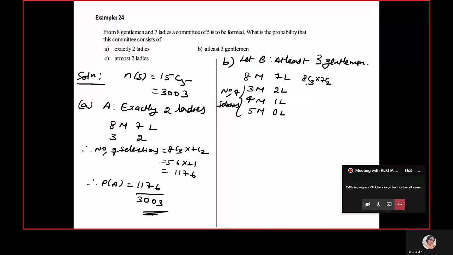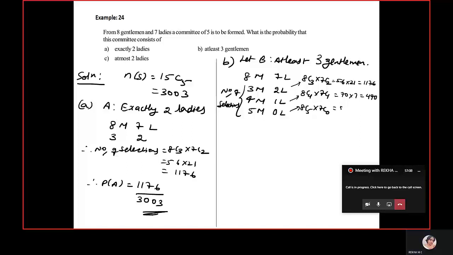So this 8C3 into 7C2, then 8C4 into 7C1, then 8C5 into 7C0. So that is equal to 56 into 21, that is equal to 1176. 8C4, 70 into 7, that is equal to 490.